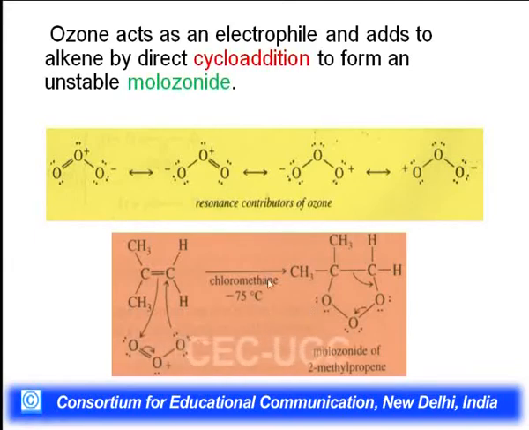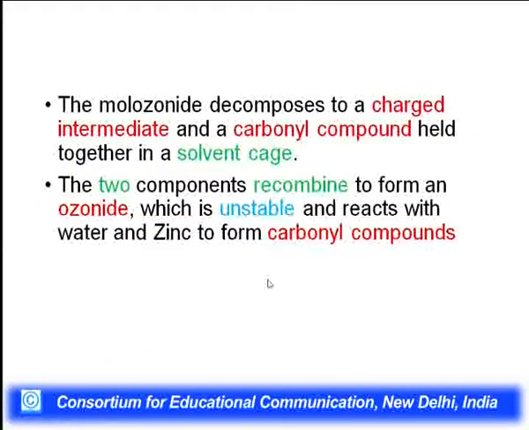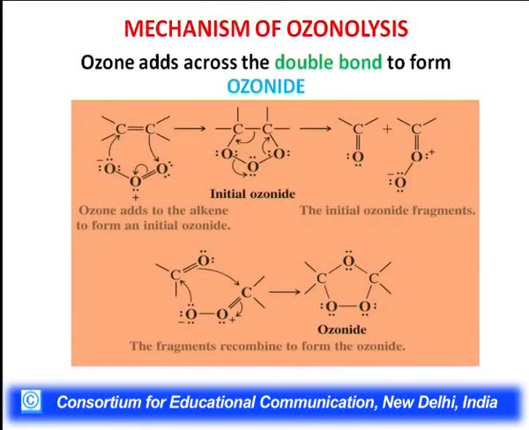Now, if you look into the structure of this monoozonide, there are 3 oxygens attached here, and there is repulsion between the lone pairs of electrons on these oxygens. So this is a highly unstable molecule. It isomerizes to give us the ozonide.